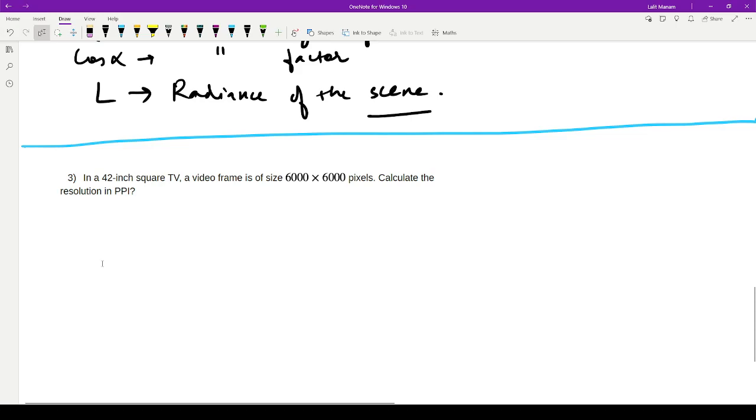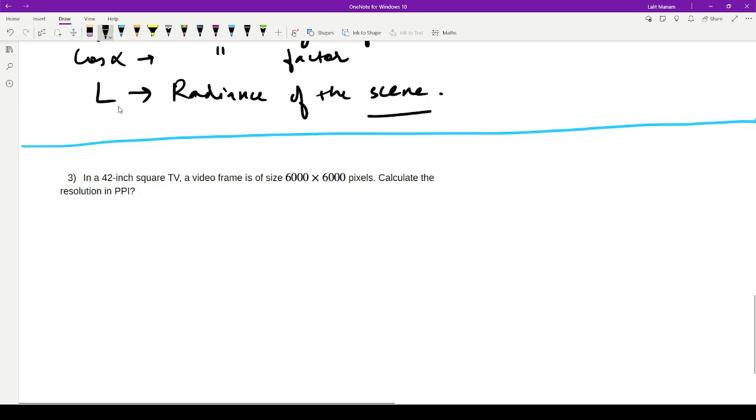I guess many of you have such big TVs. The video frame is of size 6000 cross 6000 pixels. What does video frame mean? Each individual image in that video is of this size, 6000 cross 6000. That's what it means.